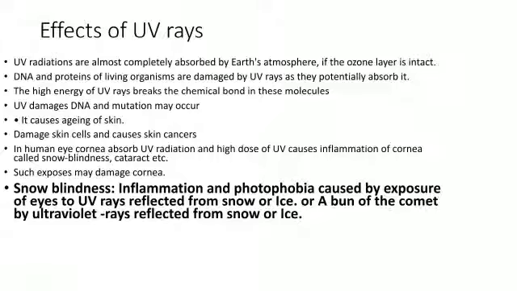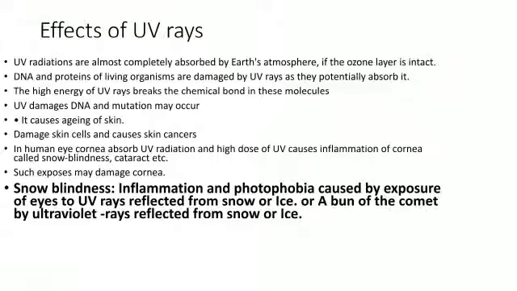Okay, and now let us discuss here. UV radiations are almost completely absorbed by the earth's atmosphere if the ozone layer is intact. DNA and the proteins of living organisms will be damaged, so this causes what we call mutation. The DNA or protein of the cells of the human body is going to be affected. Then damage causes, as I told, mutation.